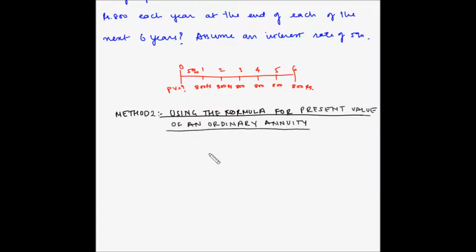So in the second method, we will use the formula for the present value of an ordinary annuity. Now in one of the previous videos, we have seen how to derive the formula for finding out the present value of an ordinary annuity. So the formula is PV is equal to A, where A is the annuity amount, into 1 by I minus 1 divided by I into 1 plus I to the power n.